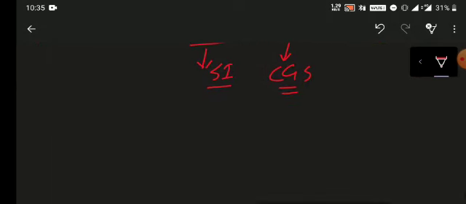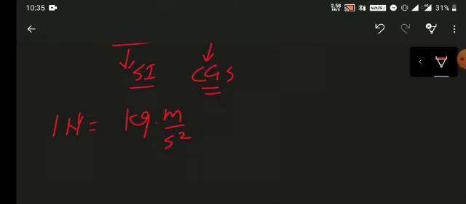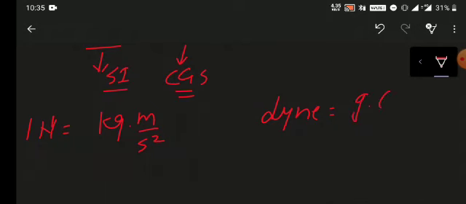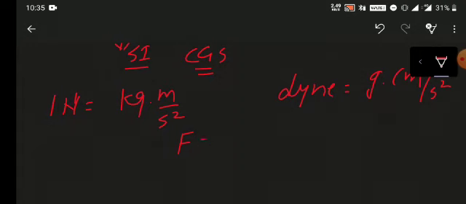You know that 1 Newton is equal to kg per meter per second square, and dyne is equal to gram into centimeter per second square. So you know that the force having dimension of M L T minus 2, M1 L1 T minus 2.